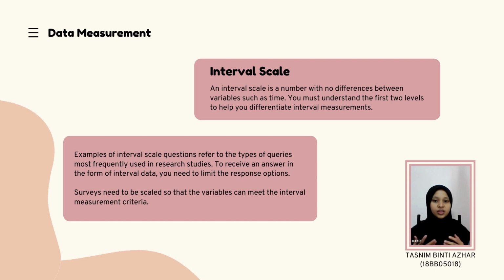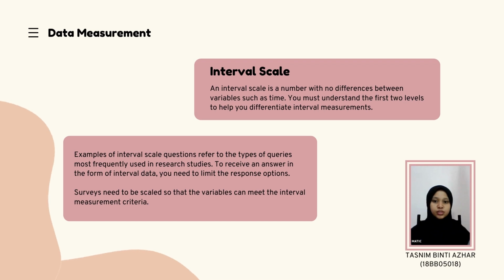Examples of interval scale questions refer to the types of queries most frequently used in research studies. To receive an answer in the form of interval data, you need to limit the response options to variables that can be assigned numerical values where the difference between the two variables is the same.